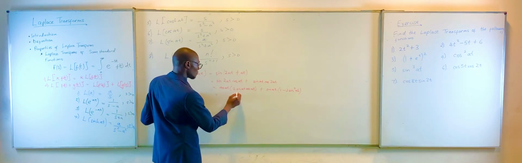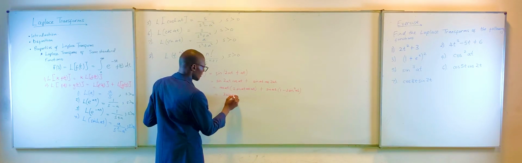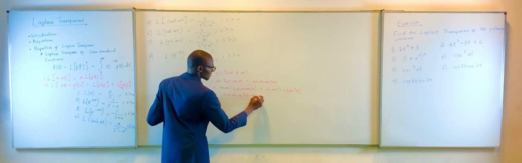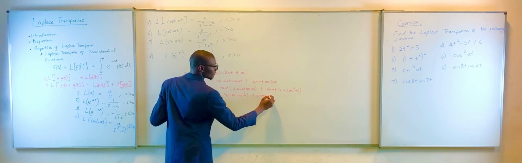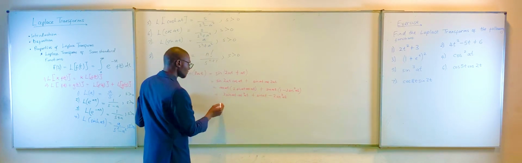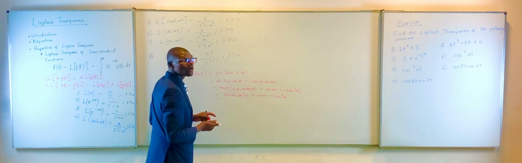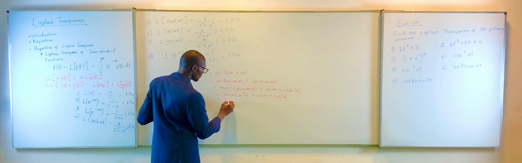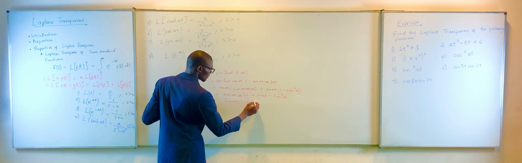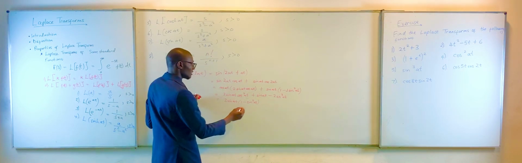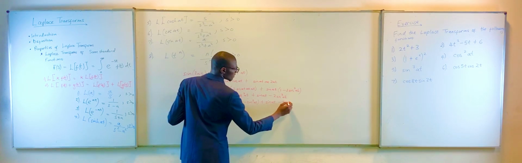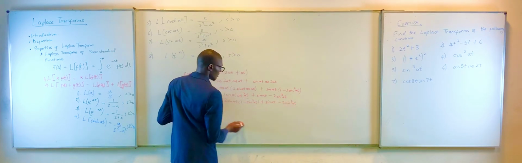Then this will simplify to 2 sine at cos squared at plus sine at minus 2 sine cubed at. Then in place of cos squared at, we can put 2 sine at, then 1 minus sine squared at, right, then plus sine at minus 2 sine cubed at.